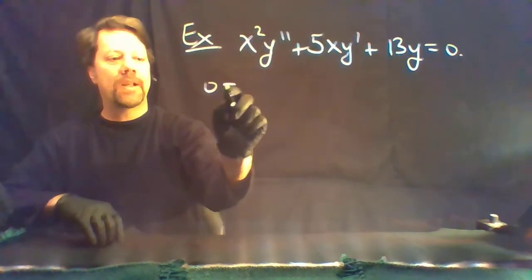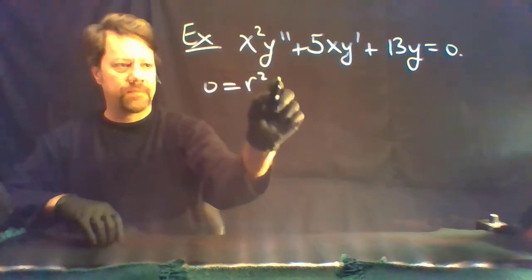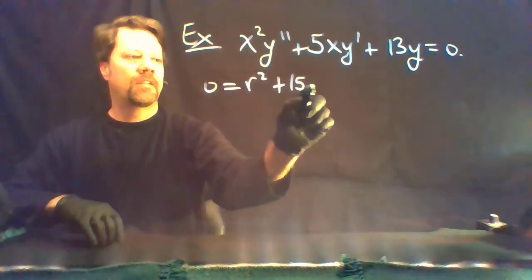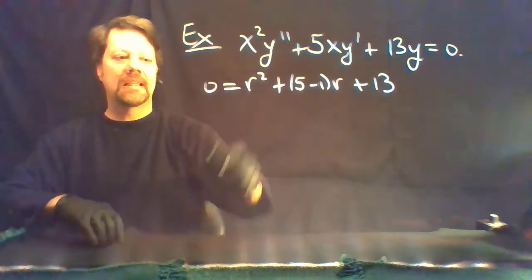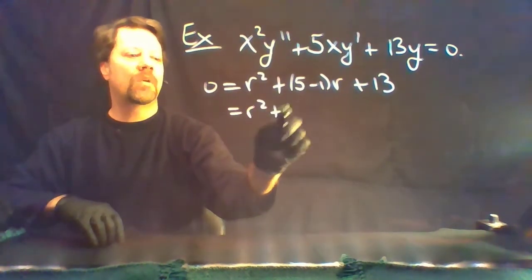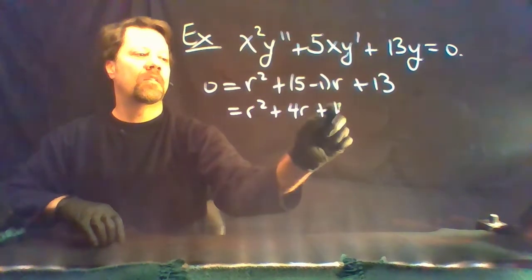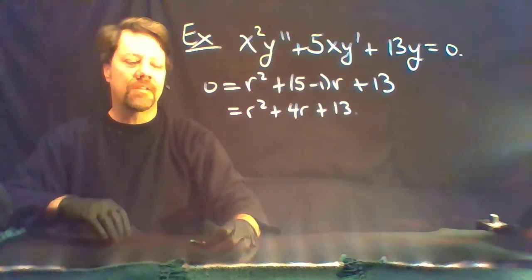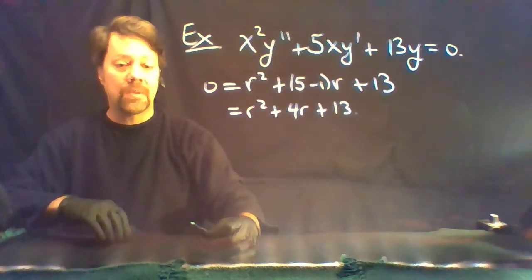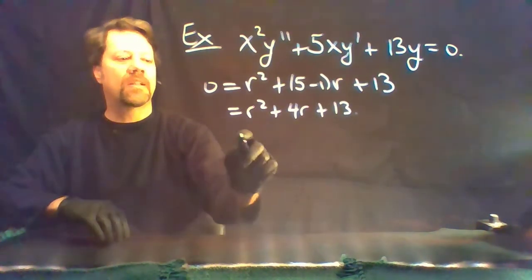The characteristic equation is 0 equals r squared plus 5 minus 1 r plus 13, or r squared plus 4r plus 13. It might be easier to solve this using the completing the square method than the quadratic formula.